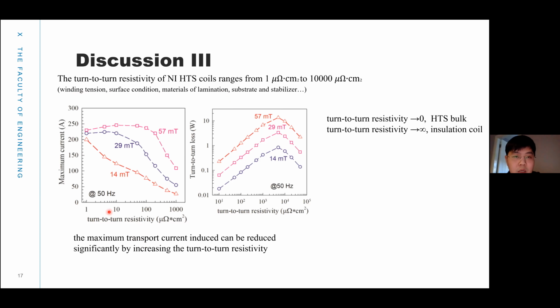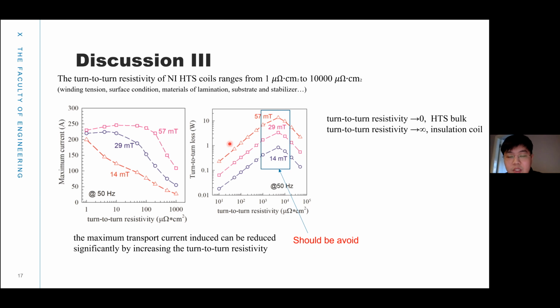When we increase the turn-to-turn resistivity, we found that the maximum current will decrease. We also calculated the turn-to-turn loss, and found there is a peak point at around 10,000 microohm square centimeter. In the rotor design, this part should be avoided.